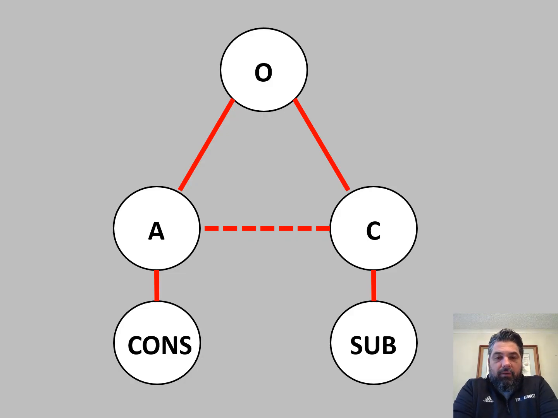So here's a diagram that illustrates this delivery method. O is owner, A is architect, C is contractor. The solid lines represent a relationship or an agreement or a contract, so those are lines of contract relationships. The owner will start out a project by signing a contract or an agreement with the architect.